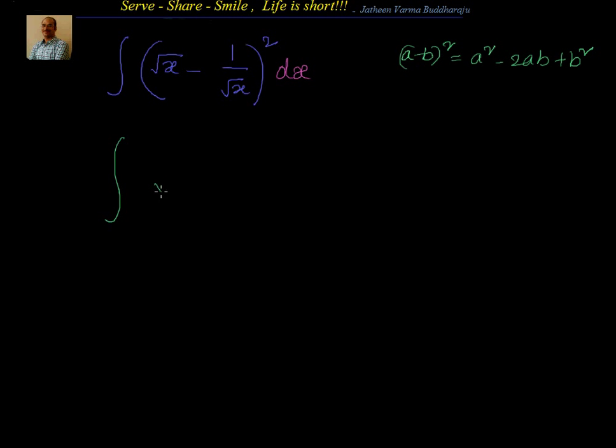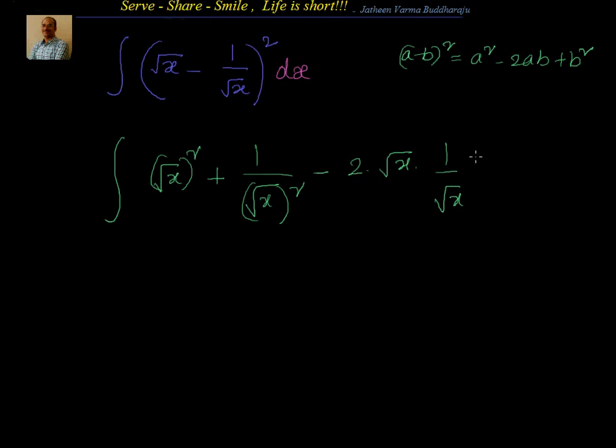So we can write it as (root x) whole square plus (1 by root x) whole square minus 2 into root x into 1 by root x, this whole with dx. Now let's simplify this.